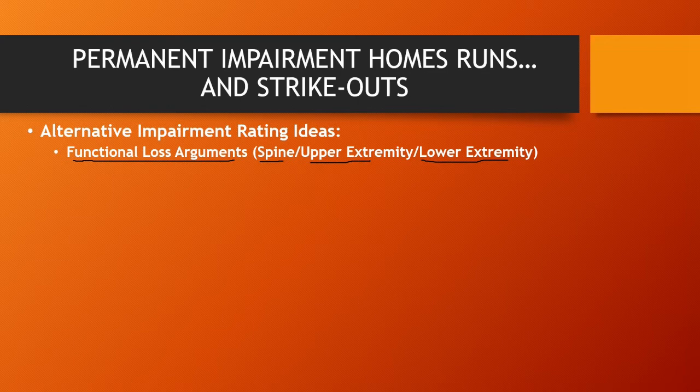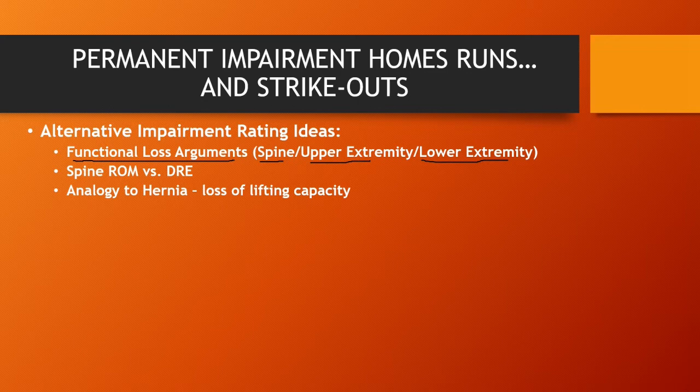You can provide for a much higher impairment rating percentage than would be typically found under the strict application of the AMA guides, based on range of motion, based on atrophy, based on the typical impairments that are described in each of these chapters. So that's one option that's available to you. We talked about the analogies to hernia with the loss of lifting capacity.